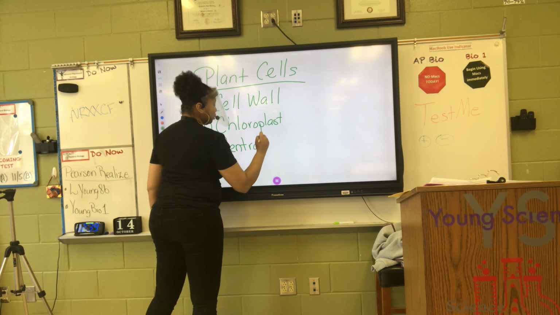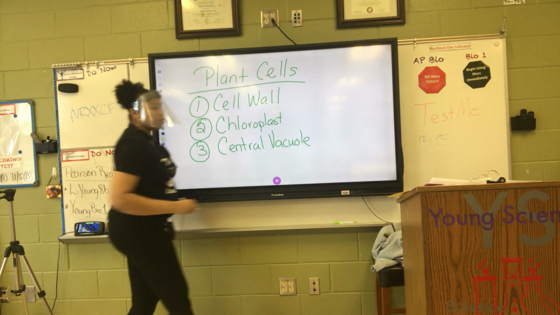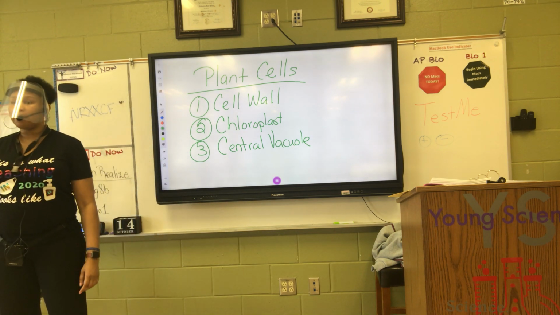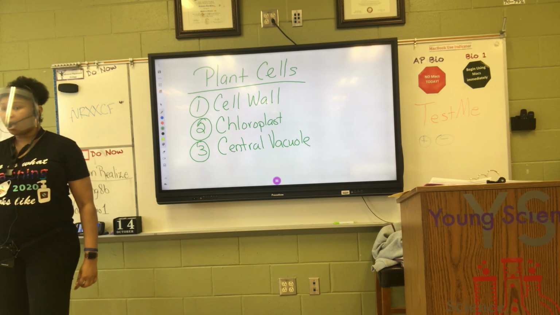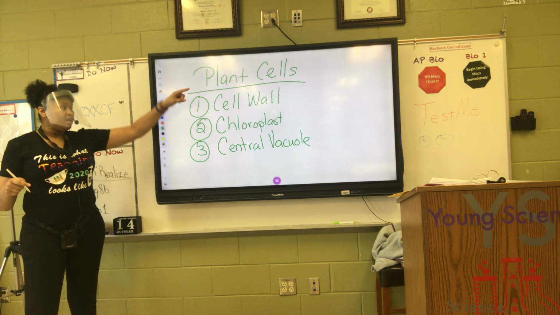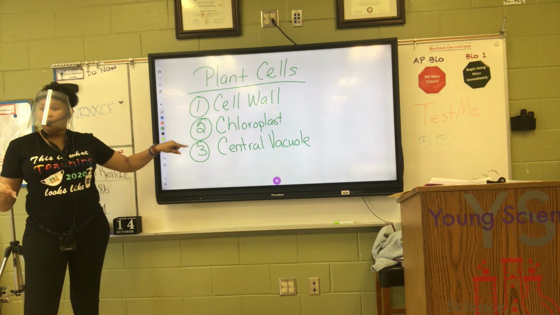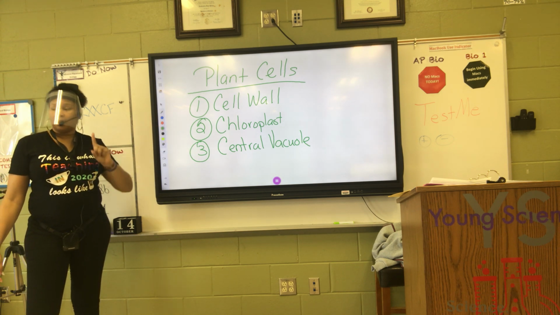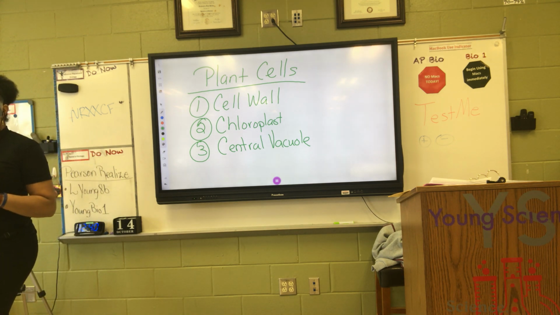That means it's a really, really large vacuole. Okay? These are the 3 organelles that are found in plant cells, but not in animal cells. So remember the 3 C's. Cell wall, chloroplast, central vacuole. These are found in plant cells, but not animal cells. And also remember that lysosomes are found in animal cells, but not plant cells.